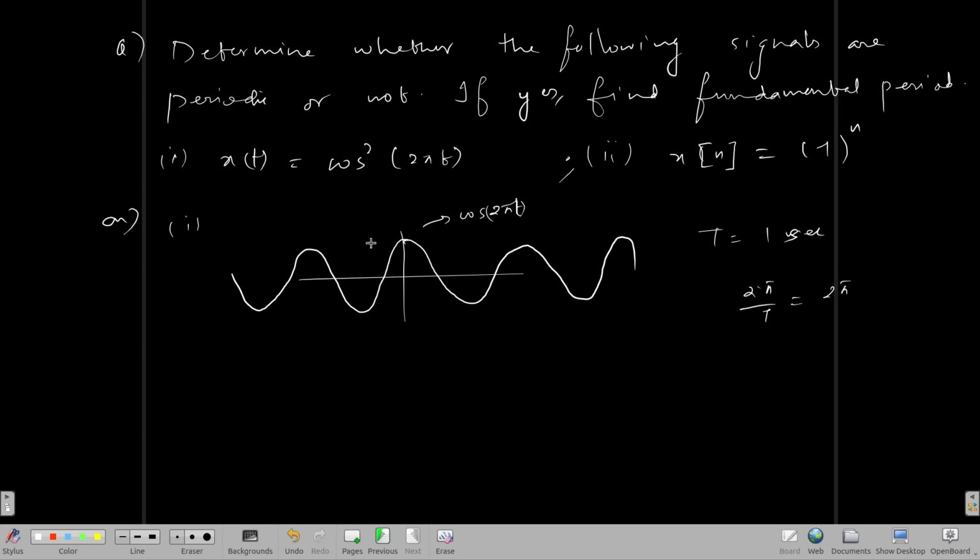Now, how will cos squared of 2 pi t look? It will be similar to this, but the shape will be somewhat different, in the sense that it is squaring.